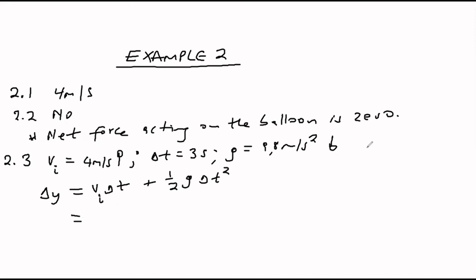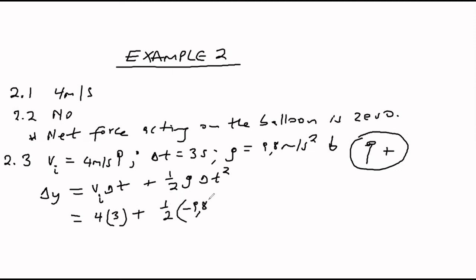We take up as positive. So the initial velocity is upwards, positive 4. The time is 3. g is downwards, taken as negative 9.8. t is 3, so it's squared.